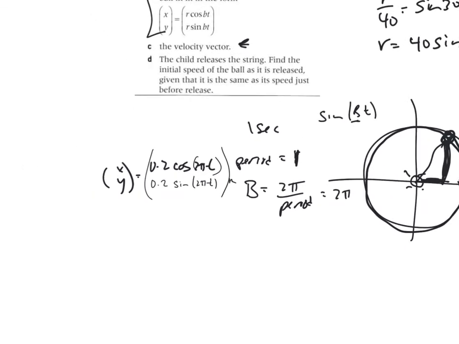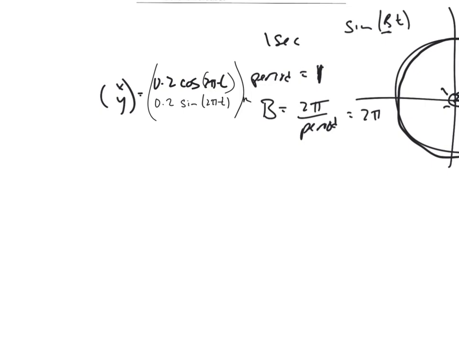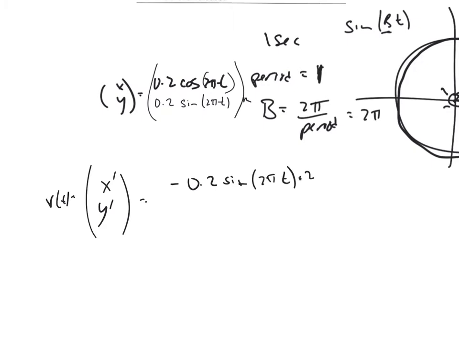So now I want to find the velocity vector. To do that, I'm going to find the derivative of these values, which is the velocity at t. The derivative of cosine is negative sine 2 pi t times 2 pi from the chain rule.